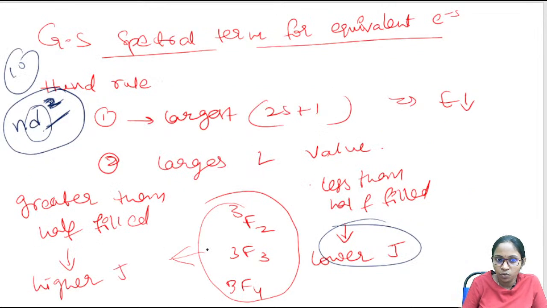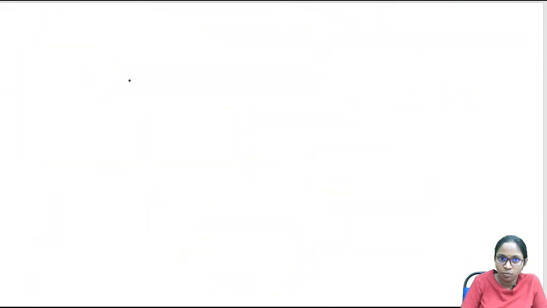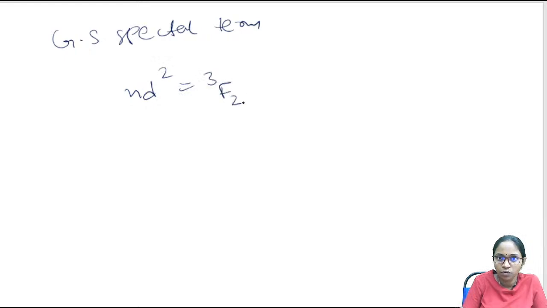So therefore the lower spectral term, that means the ground state spectral term for ND2 is 3F2. So you have to follow this sequence to find out the ground state spectral term.